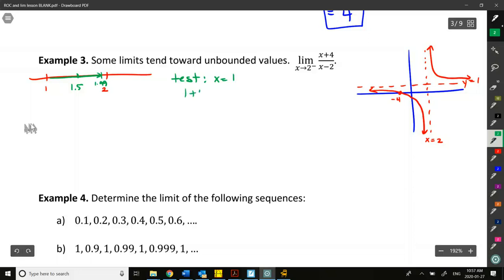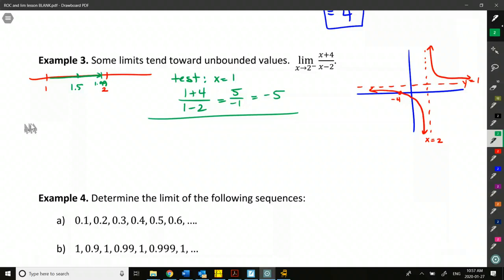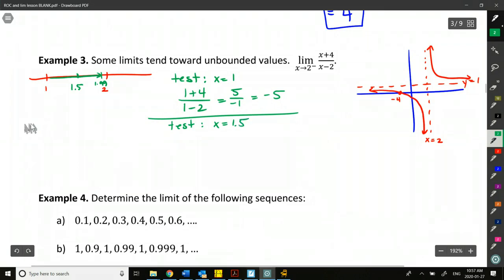If I plug in 1, I will get 5 over -1, and that gives me -5. Okay, I should really already know it by this point, but we'll do a couple other little tests here. We'll test 1.5.